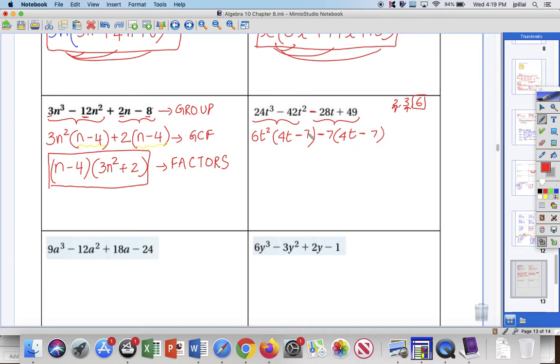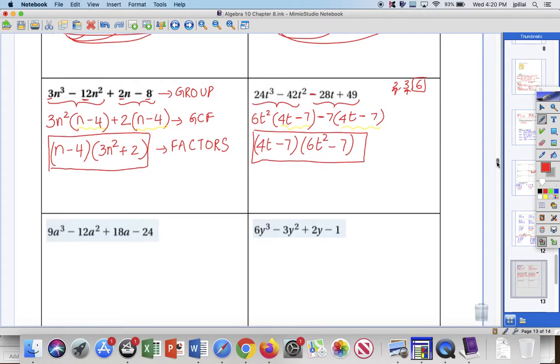So you have grouped them, and now if you look at it, these two binomials are the same, 4t minus 7. Let me factor that out. If you factor out the 4t minus 7, you're left with 6t squared minus 7. And that is the factored form. Hope it makes sense.